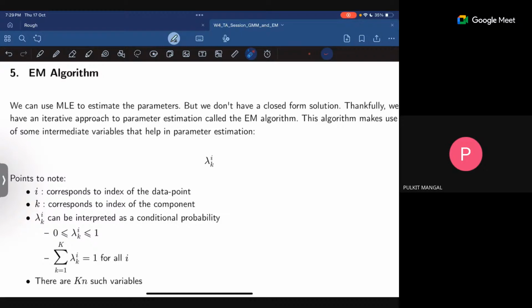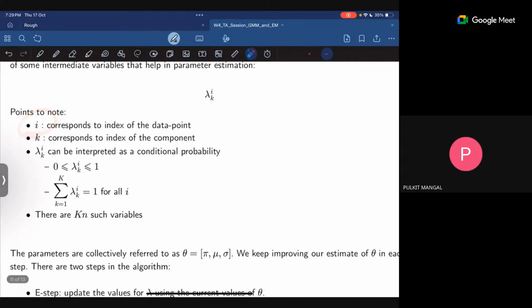This algorithm makes use of an intermediate variable, lambda ik, which denotes the conditional probability of the ith data point coming from the kth component. Given that you have this xi data point, what is the probability that it is coming from cluster or component k?